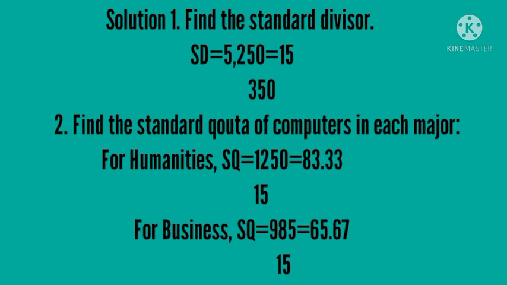Step number 2, find the standard quota of computers in each major. Hahanapin natin yung standard quota ng mga computers sa bawat major. So, for humanities, standard quota equals the number of enrollments, 1,250, divided by 15, which equals 83.33. For business, standard quota equals 985 divided by 15, which equals 65.67.